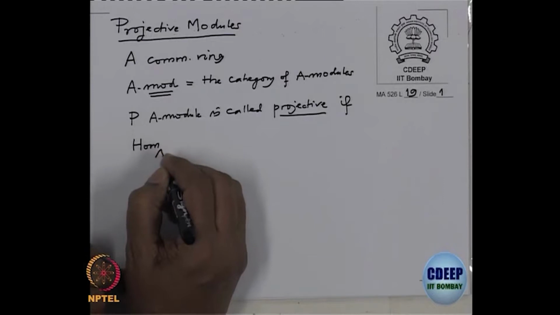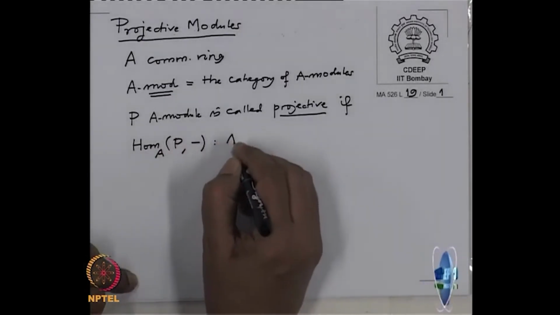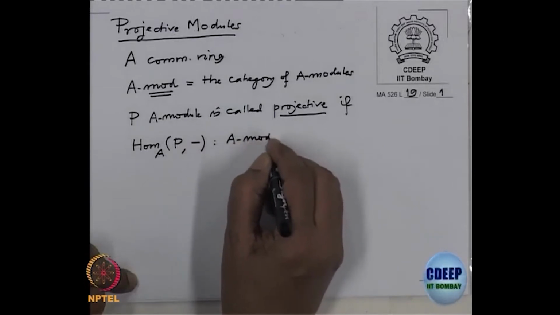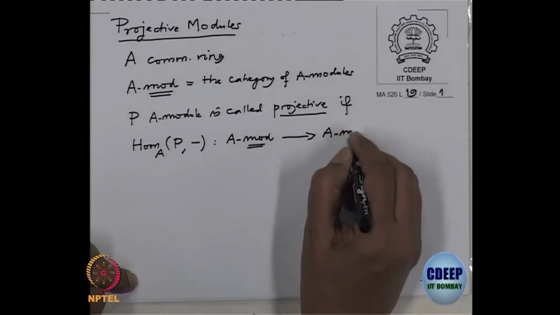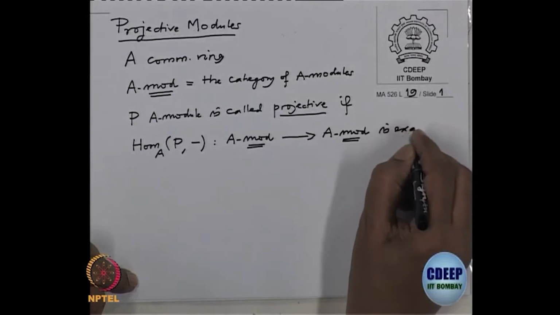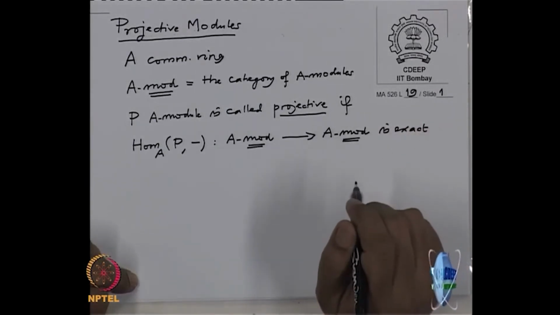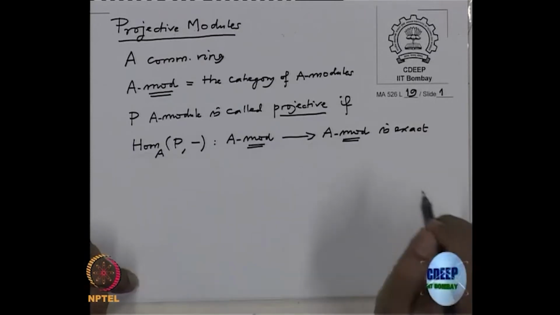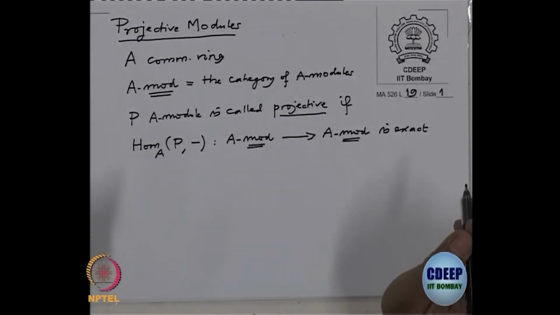So, Hom_A(P, -), this functor from category of A modules to category of A modules is exact. That means it maps exact sequences to exact sequences, and because this Hom is left exact, what fails is the right exactness, and that is spelled out in the definition.